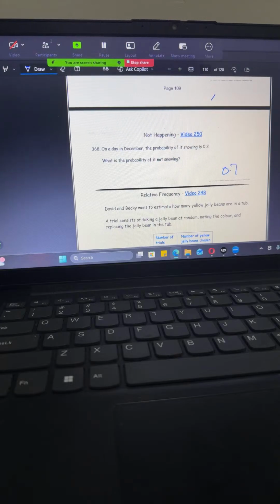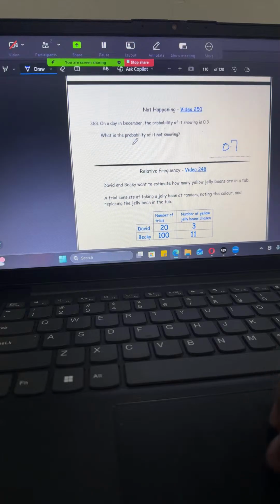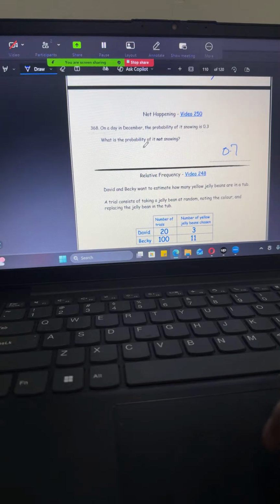For the previous question, would it also be acceptable if I wrote 70%? I never know which form to give it in: decimal, percentage, or fraction. It is acceptable to write 7/10.